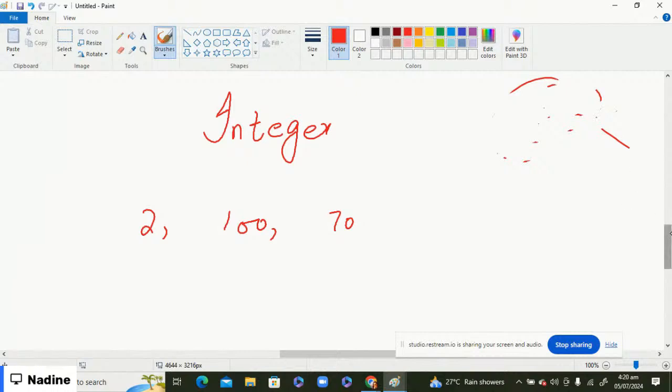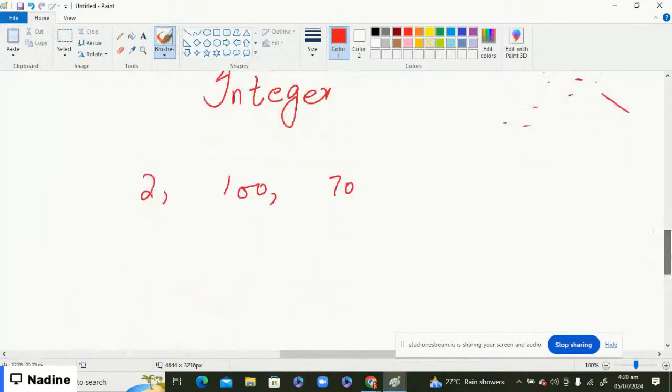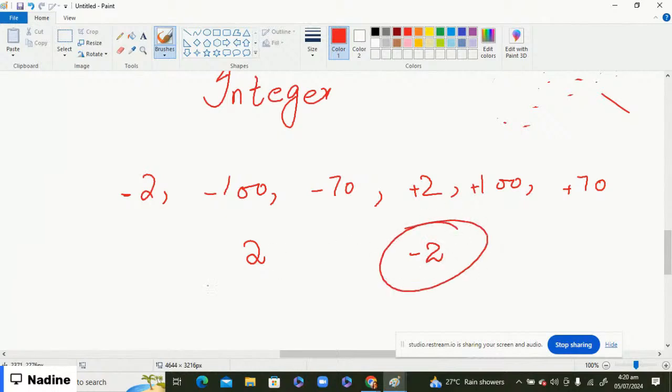For example, if I write down integers: negative 2, negative 100, minus 70. Okay, like this way, as well as you can write plus 2, plus 100, and plus 70. A plus sign is not needed. If you put just the number, it shows a positive integer. And if they say negative, this is a negative integer.